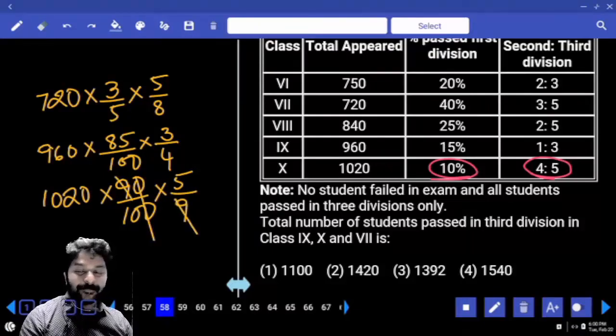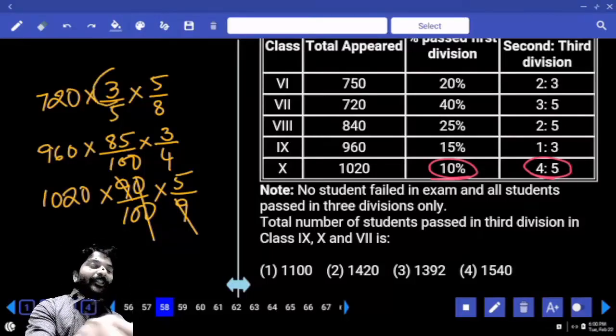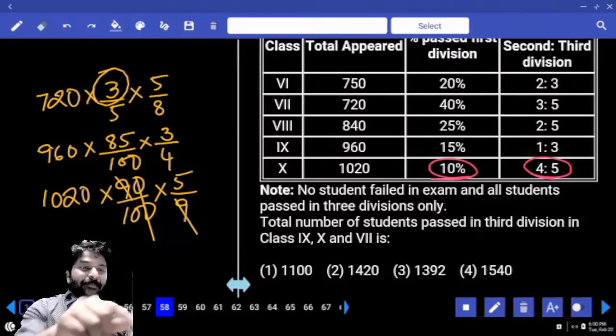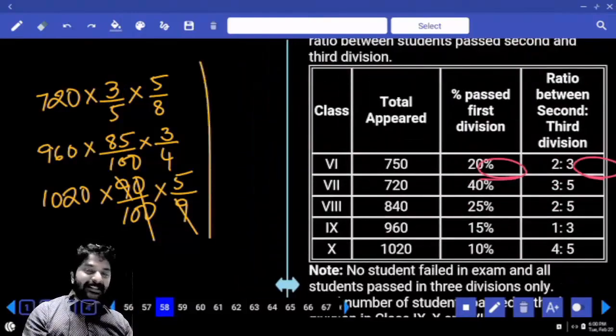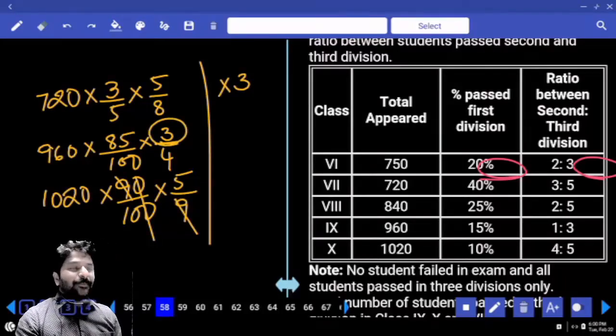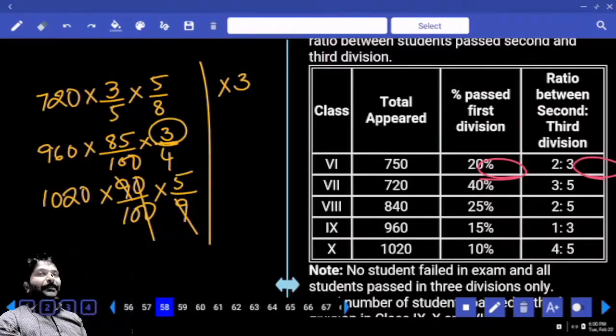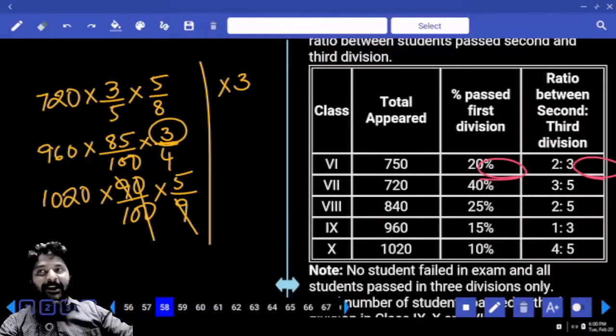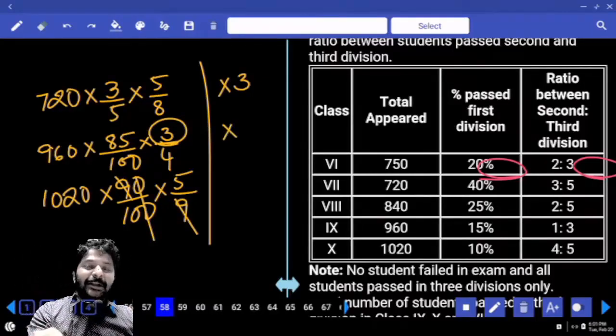Is this clear? Right. Here also, in the numerator, there is a 3. That means 7th class people, this is a multiple of 3. Even in the second line also, in the numerator there is a 3 multiple, but in the denominator there are no 3 multiples. So the second number is also a 3 multiple.